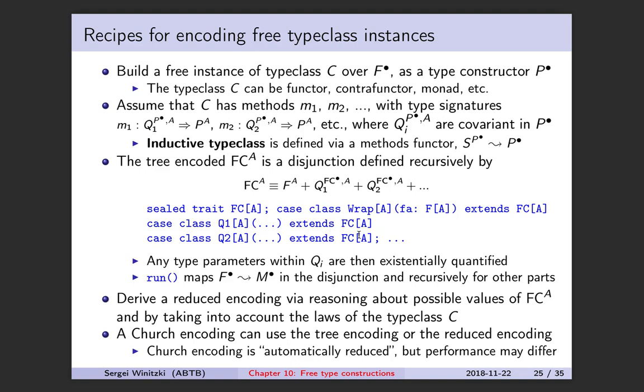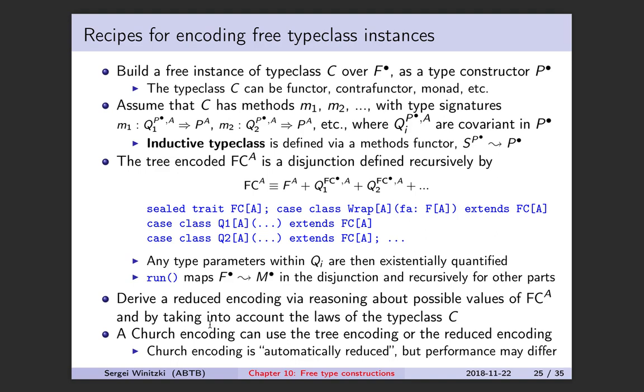And that is non-trivial. You don't have a generic procedure for doing that. So that has to be done separately in each case, for functor, for contrafunctor, and so on. For functor, we have done this, but we will do that for all the other type classes.